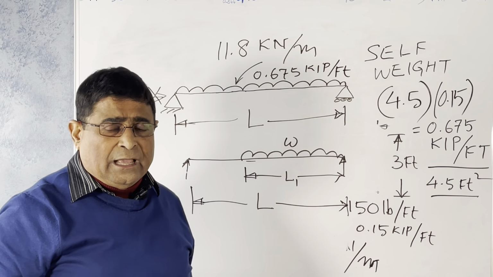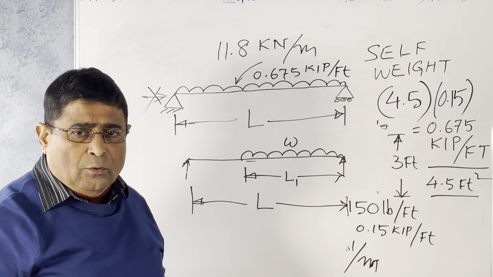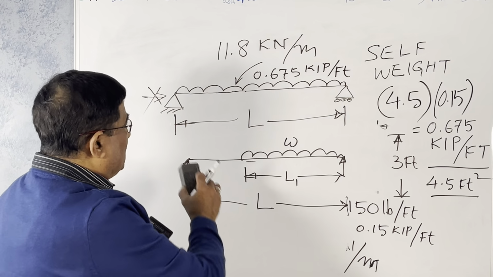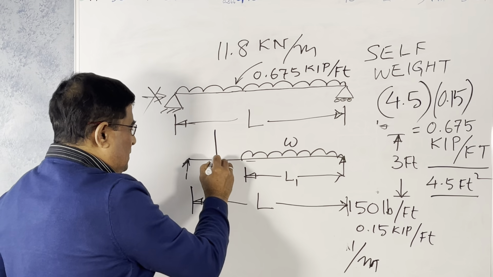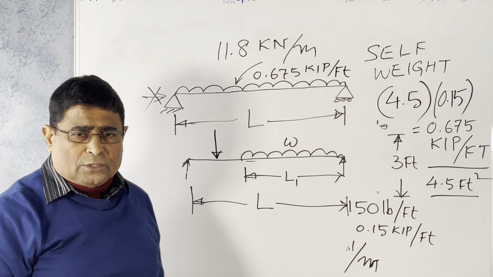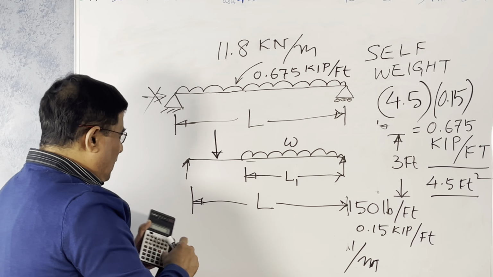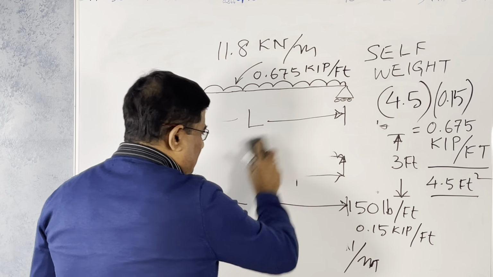We'll discuss today how the beam will behave for bending moment and shear force when the load is not concentrated. Last time I was talking about concentrated load. If the load is not a point load but is uniformly distributed, then what will happen?